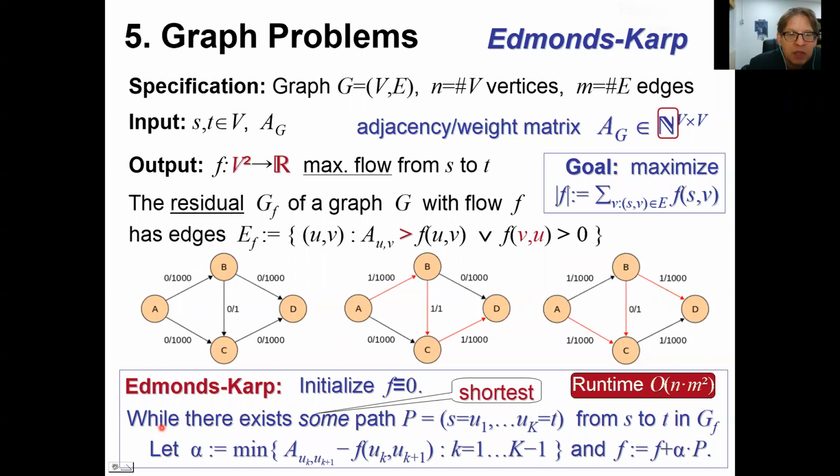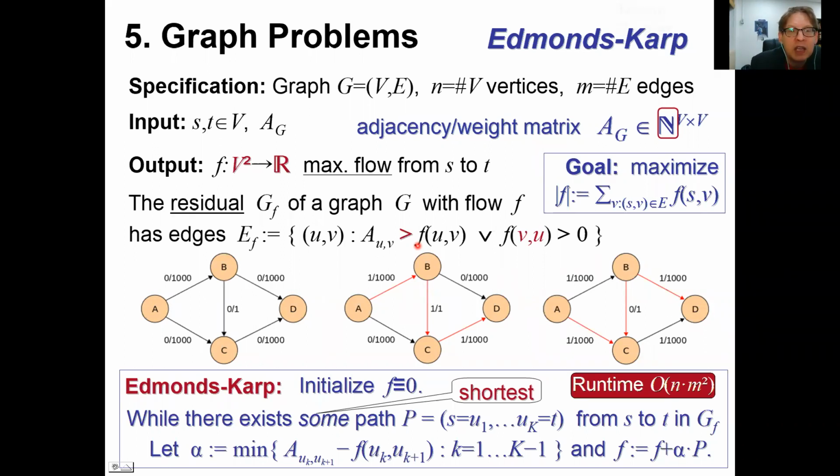So the statement is that each iteration uses some edge. An edge could possibly be used several times, but each time an edge gets used, it changes, in the residual graph, the distance from source to target. And since the distance from source to target is initially at most n, therefore the total number of iterations is bounded by n times m, with another factor of m coming from Dijkstra's algorithm.